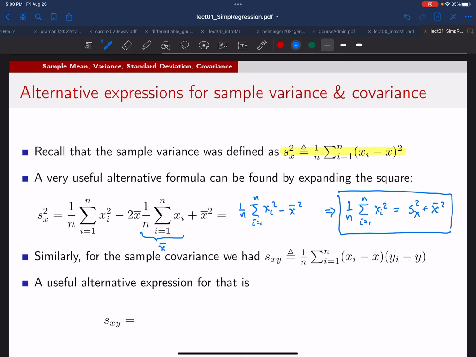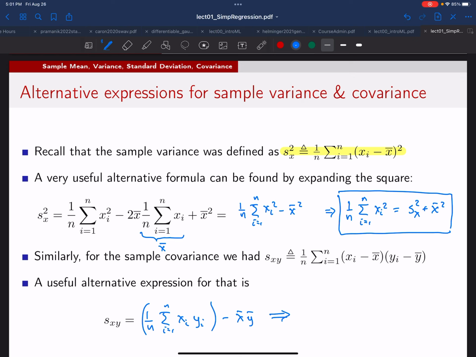So we can do something very similar. The steps are pretty much identical with this sample covariance. We can expand this into 4 terms, do a little bit of simplification, and we get 1 over n sum over i of xi times yi, minus x bar y bar.